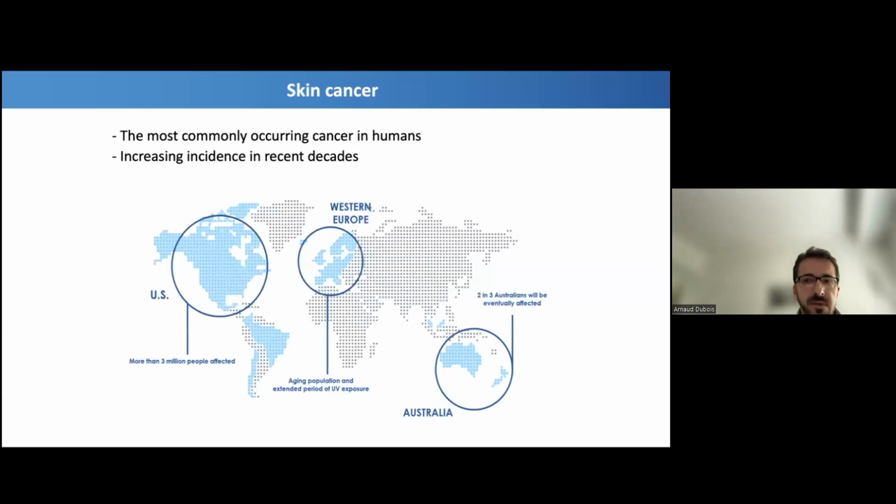Skin cancer is the most common cancer in humans. The incidence of skin cancer has increased in recent decades, especially in the US, in Western Europe, and in Australia.